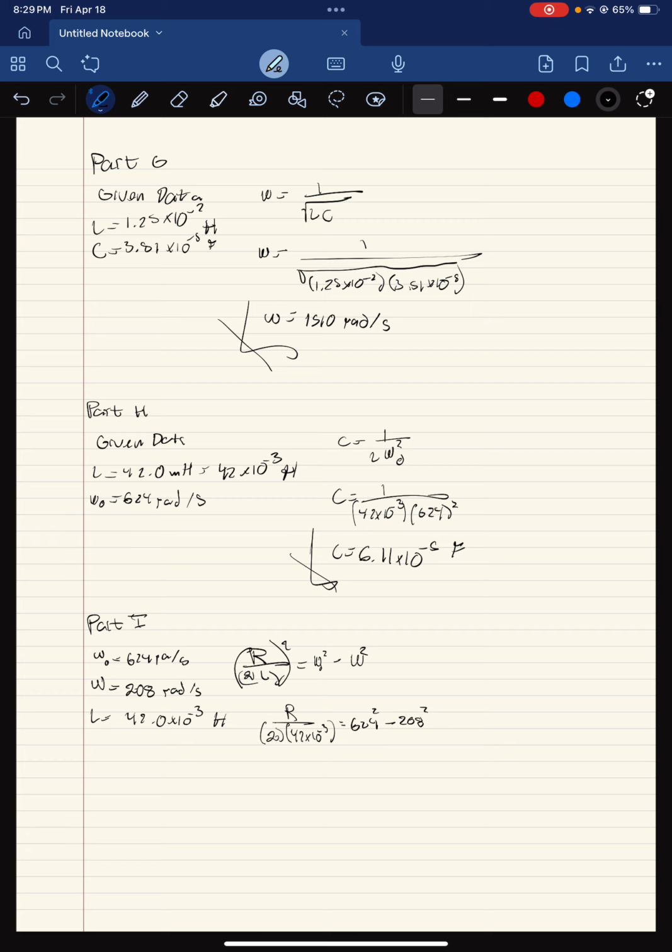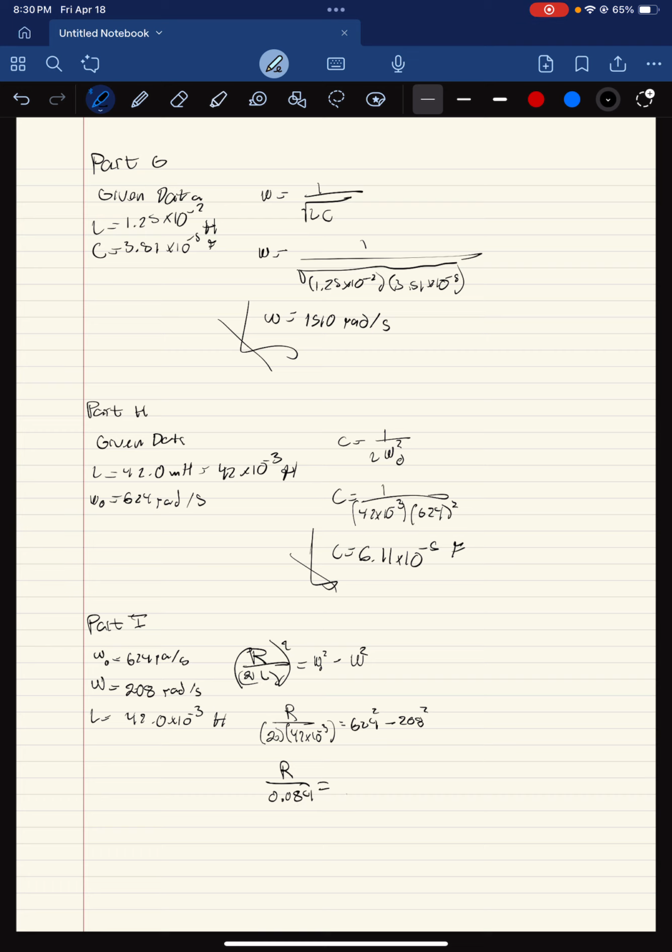All right, so 2 times 42 times 10 to the negative 3, so R equals... 0.084.